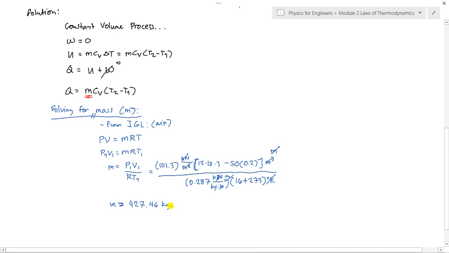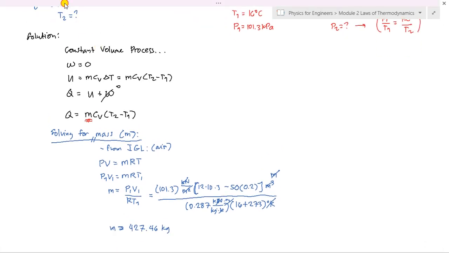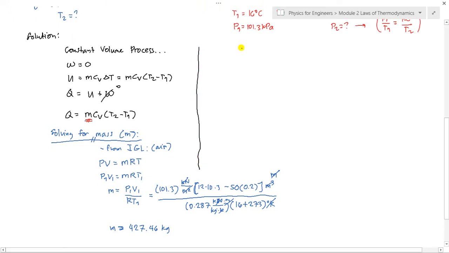So we already have the mass. Since we have the Cv, we can now solve for T2. So we have Q is equals to m Cv times T2 minus T1.